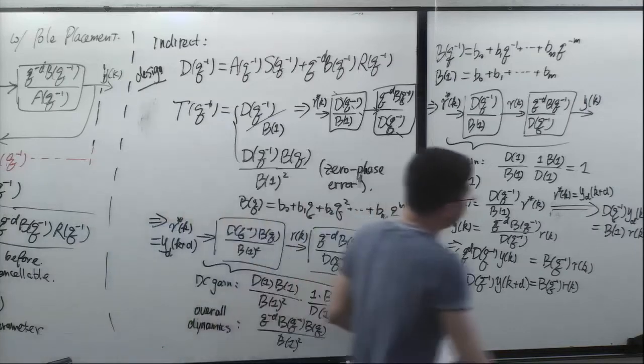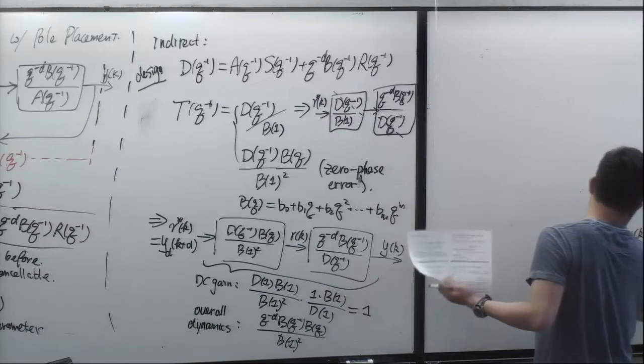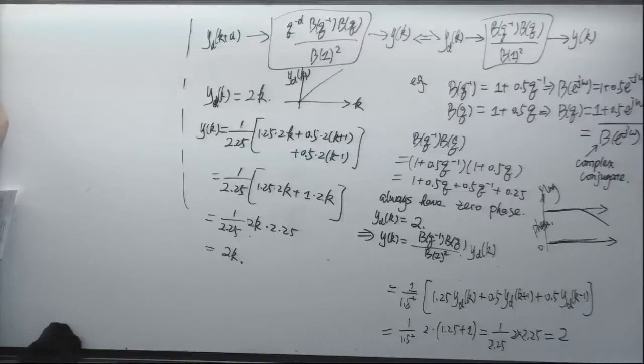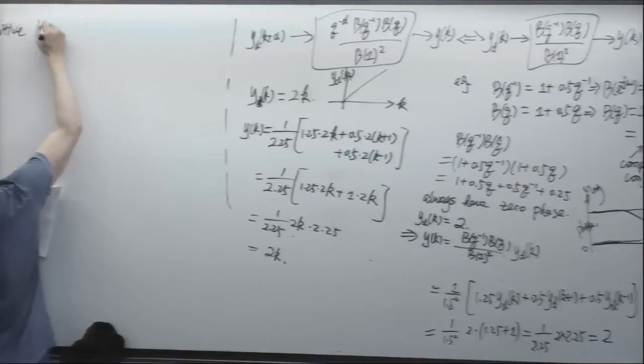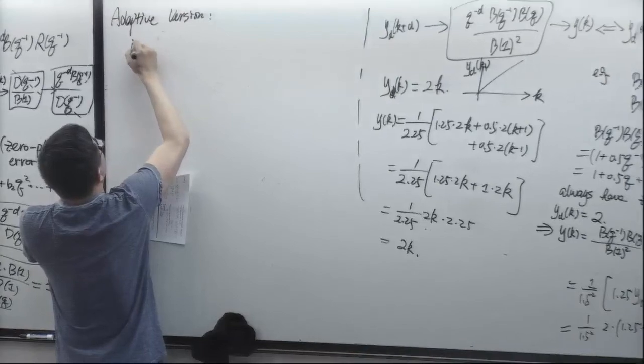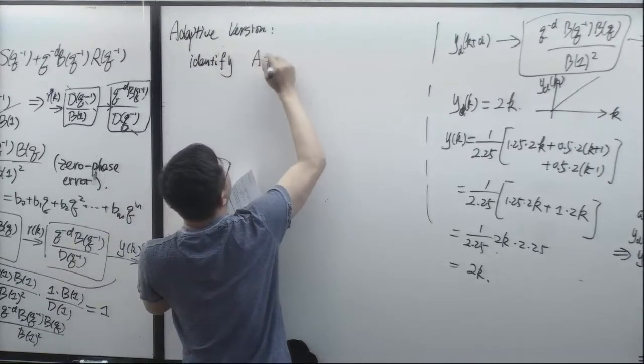The adaptive portion is going to do one simple change and make it work. So the adaptive version is identify A first.